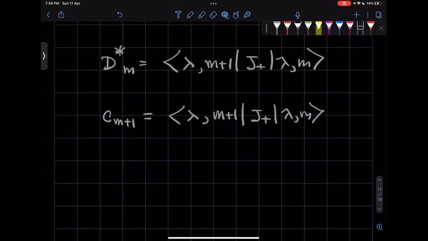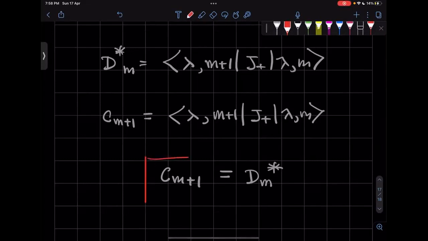We see that C of m plus 1 is the same thing as D star of m, right? So only one set of proportionality constants is needed. The other ones we get for free. The other ones we get by complex conjugation.